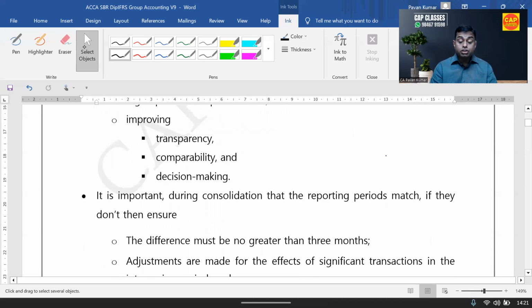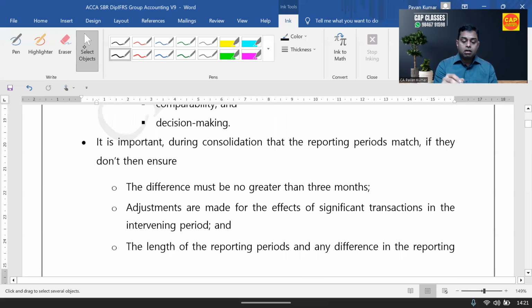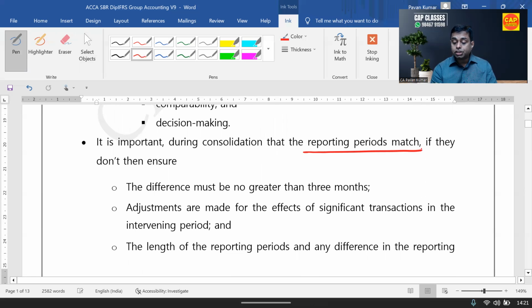So it is important during consolidation that, one more thing, reporting periods match. Now, as I told you, Jaguar Land Rover is in UK. They might follow a financial year ending 30th June every year, the 30th June 2024.